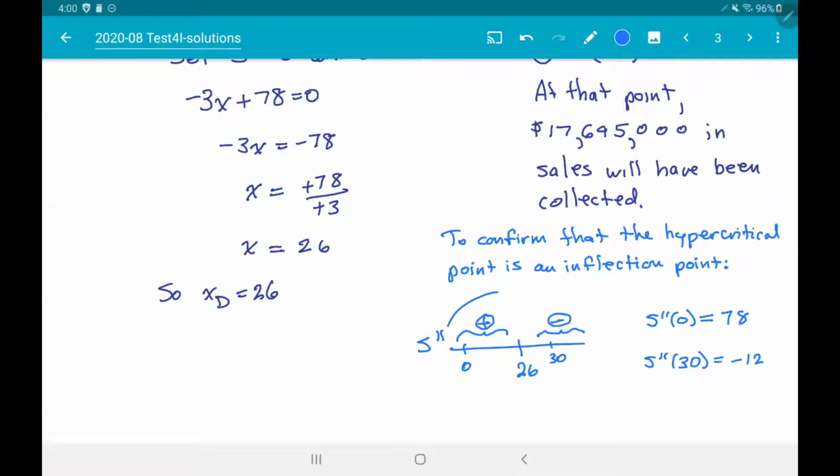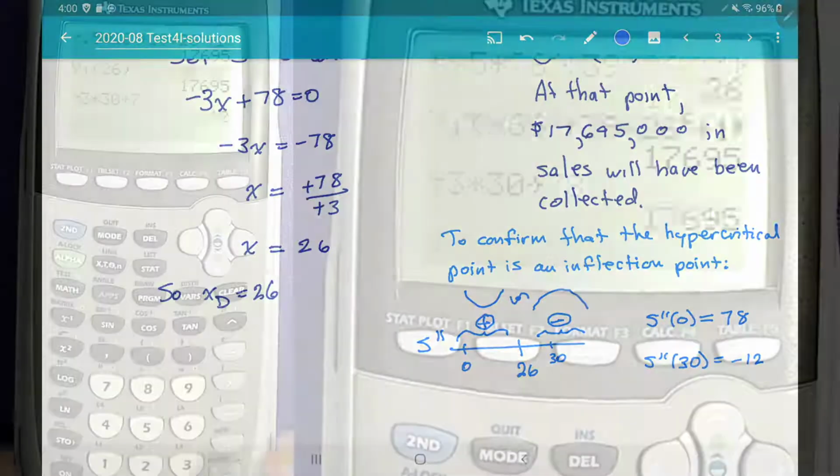So over here on the left, S double prime is positive, so S is concave up. Here on the right, S double prime is negative, so S is concave down. And that means that right there, S really does change concavity. So yes, the hypercritical point we found is an inflection point.